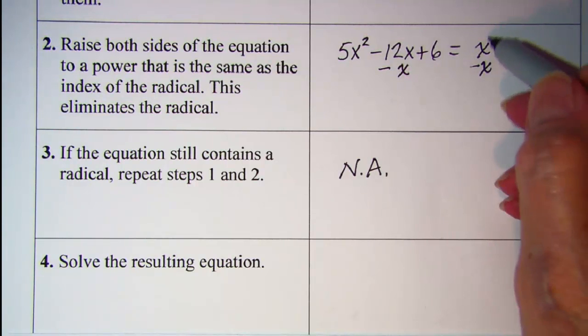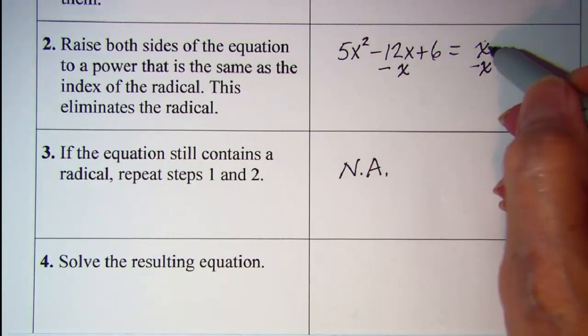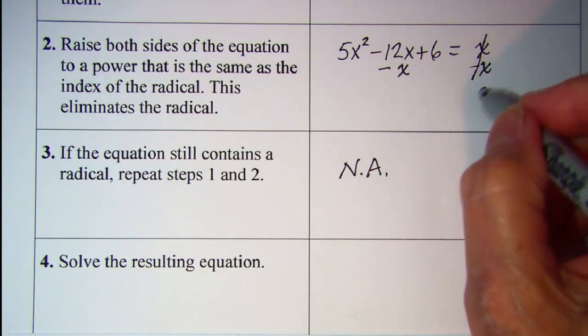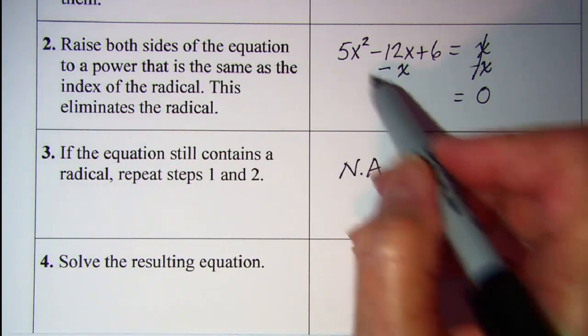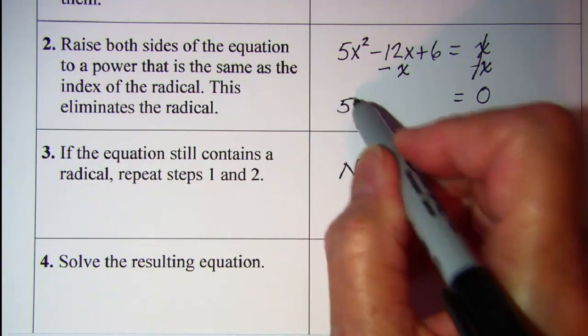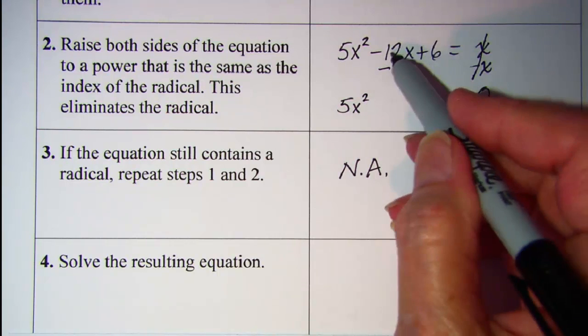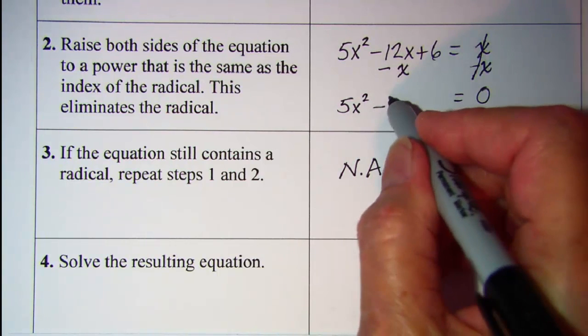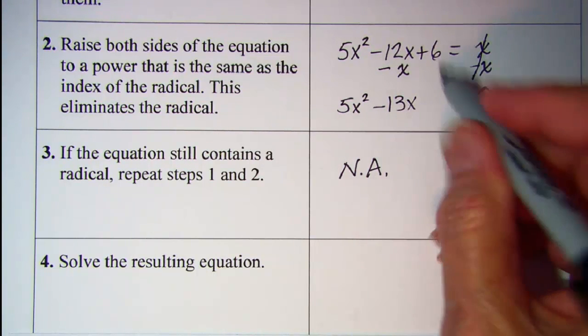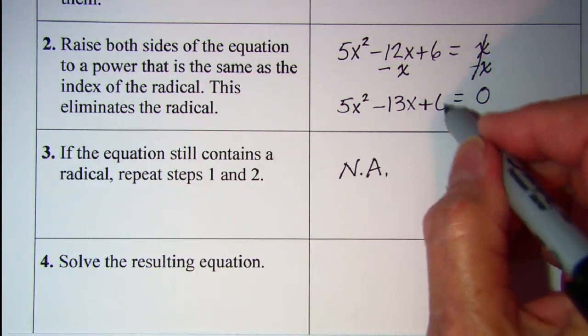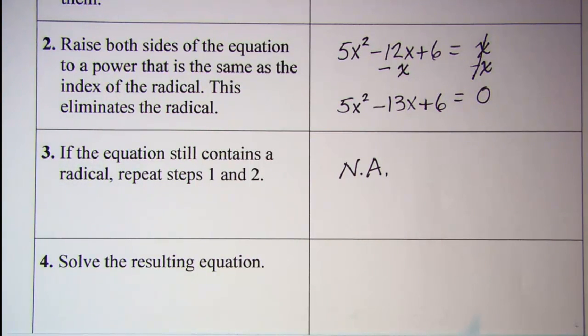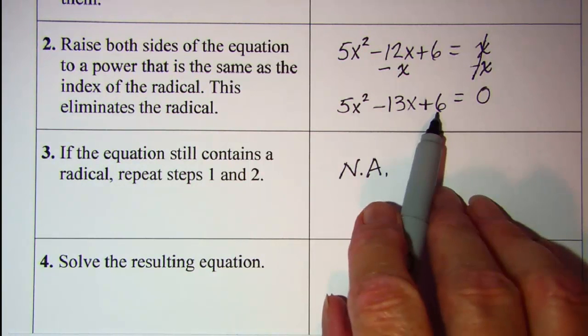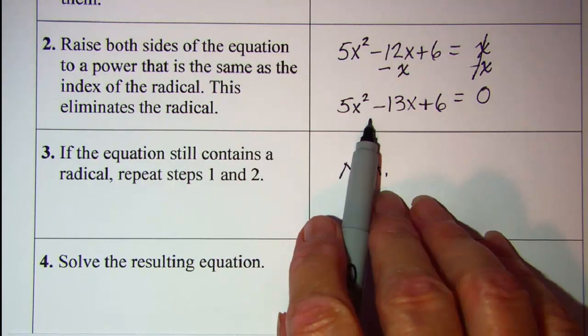So if I add negative x, moving that over, I have a 0 on the right side now, and I have 5x squared minus 13x plus 6 equals 0. This trinomial does not factor.